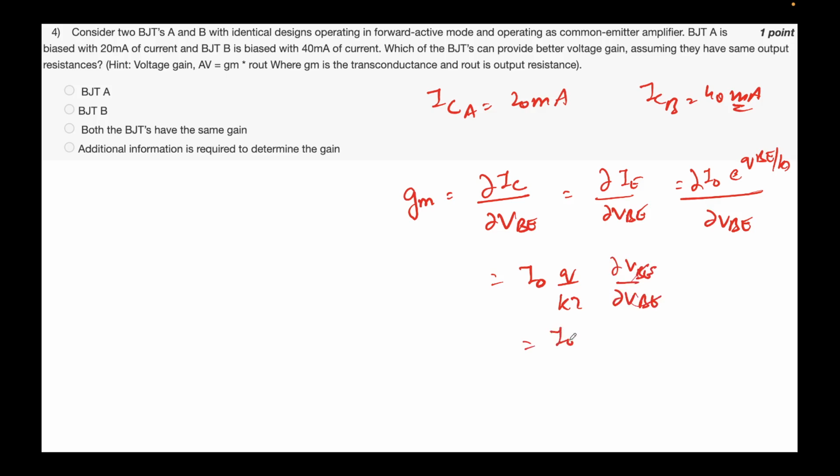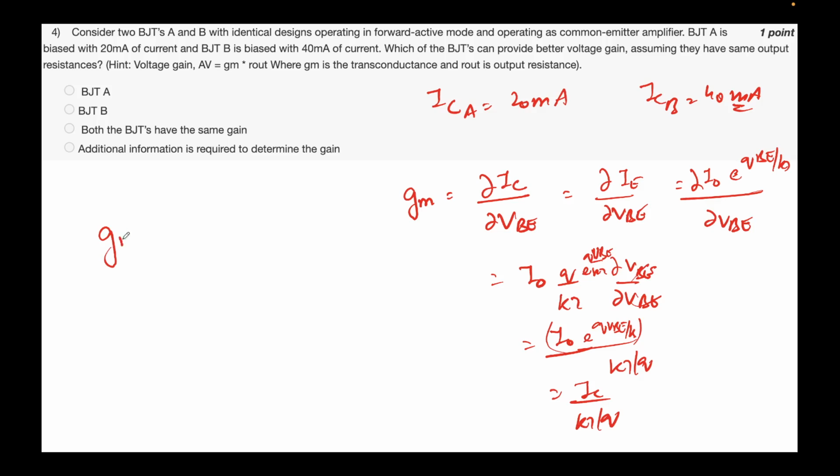So what I get is I naught, and the exponential term also comes out, e to the power q VBE over KT. So I naught e to the power q VBE over KT, times q over KT. This term is nothing but your IC again, so IC over KT by q. So GM, the transconductance, is simply IC over KT by q.